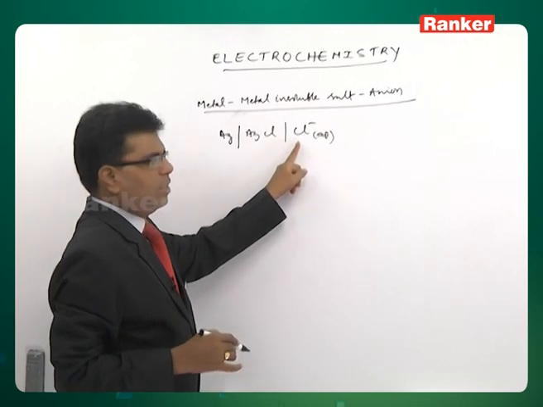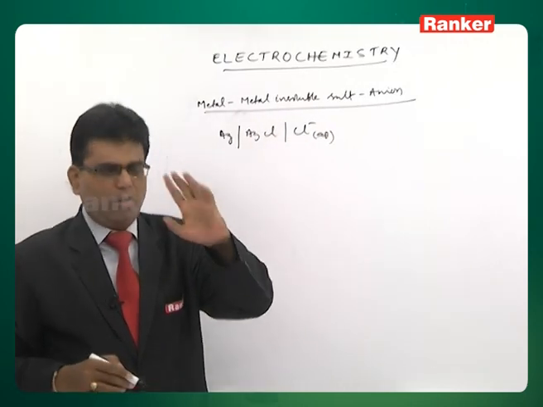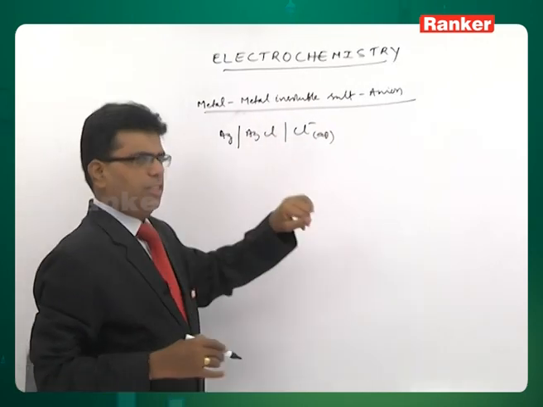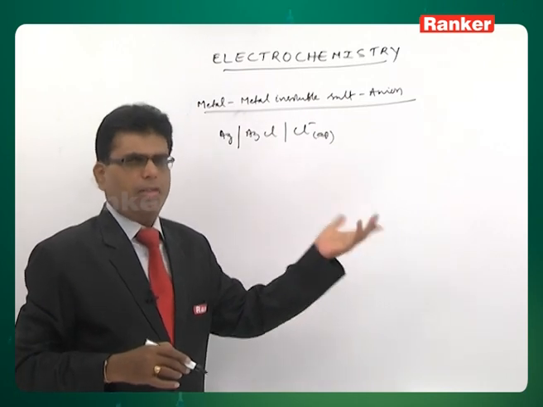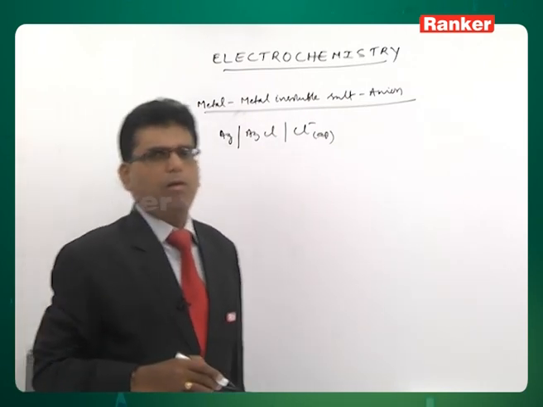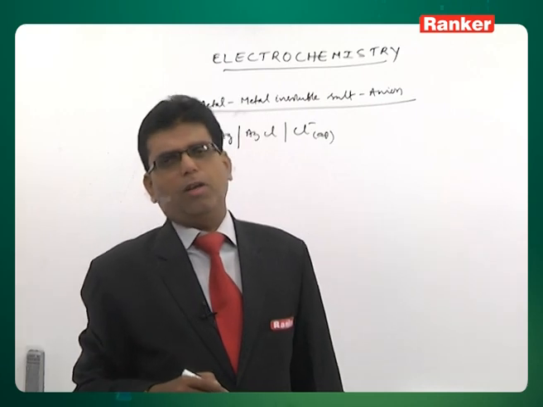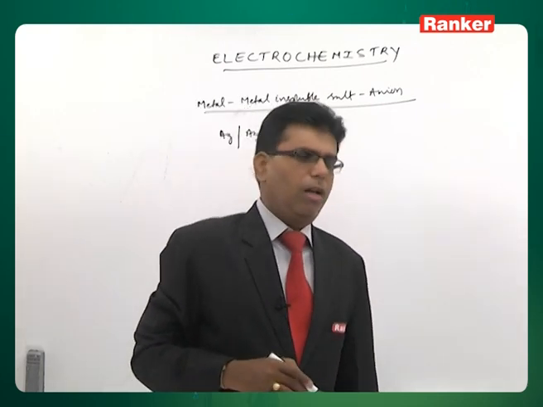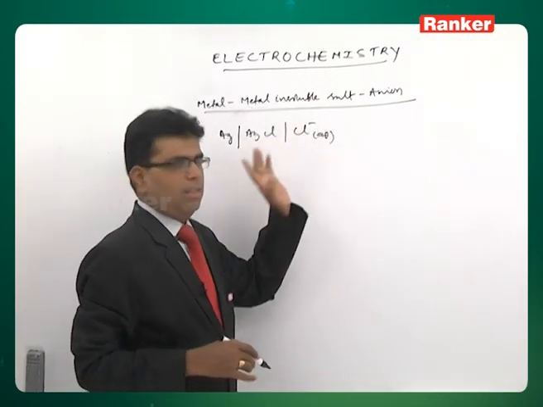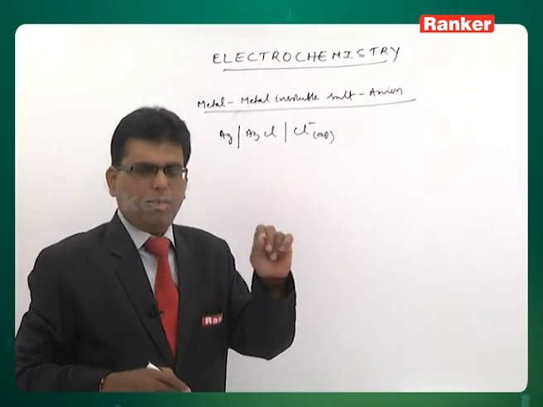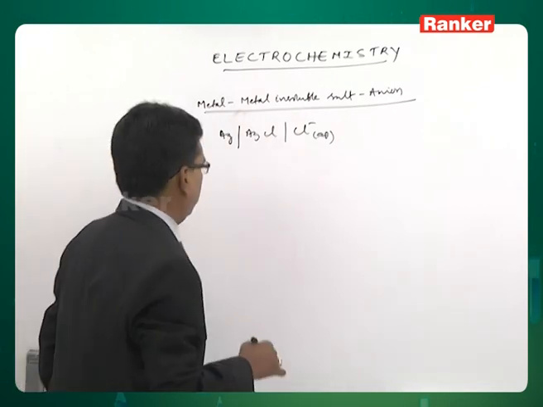This total combination will act as a half cell, either oxidation half cell or reduction half cell, again like any of the metal ion electrode or non-metal ion electrode. Like that, this also will act as an electrode, either oxidation half cell or reduction half cell.